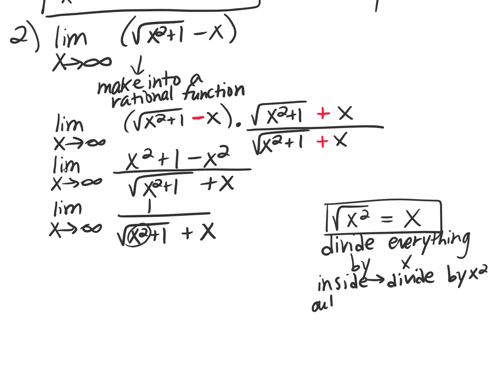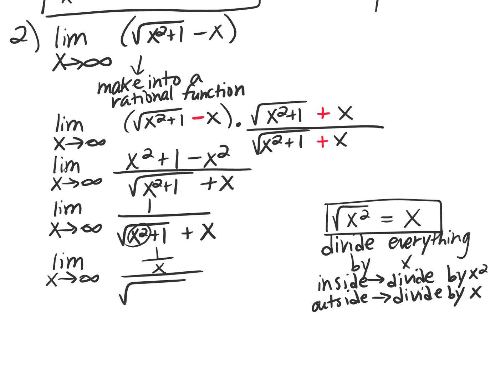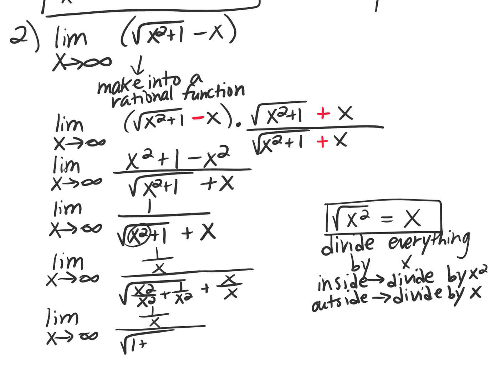And outside the radical, we're going to divide by x. So you just need to increase or decrease depending on which part of the function you are in. Anything on the inside, we'll divide by x squared. And then we'll get 1 over x over the square root of 1 plus 1 over x squared plus 1.